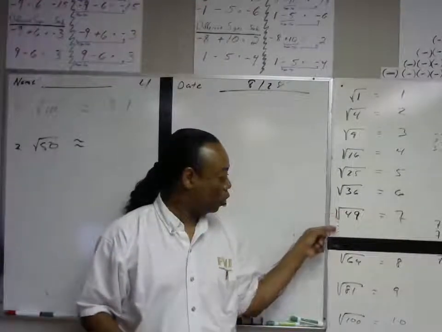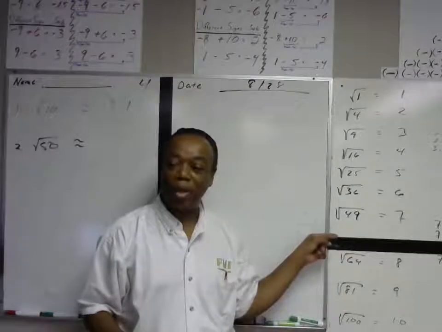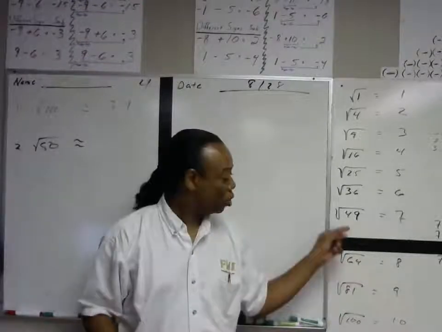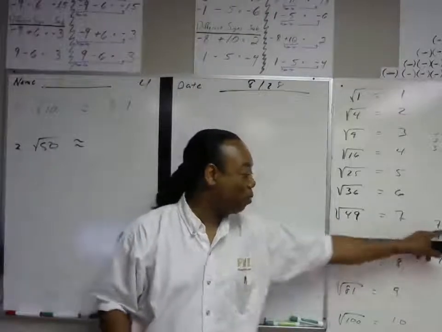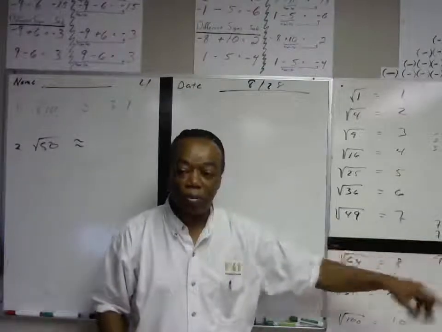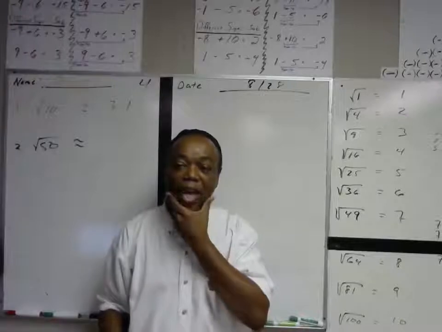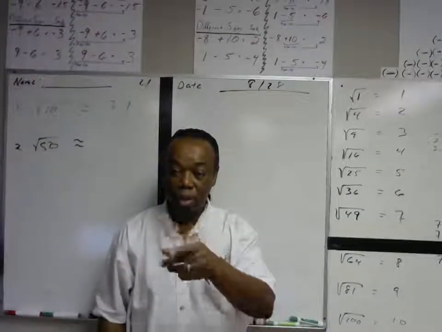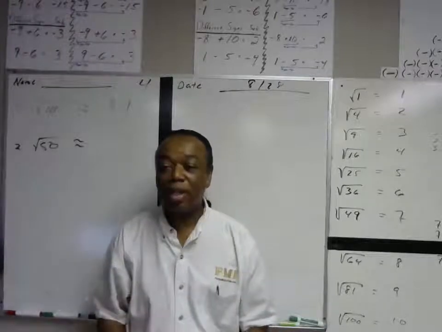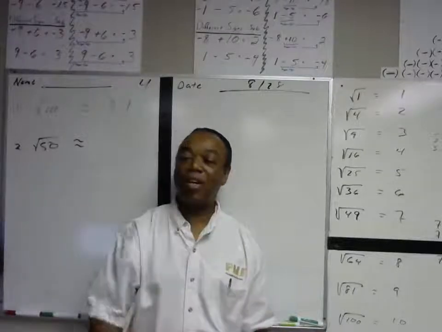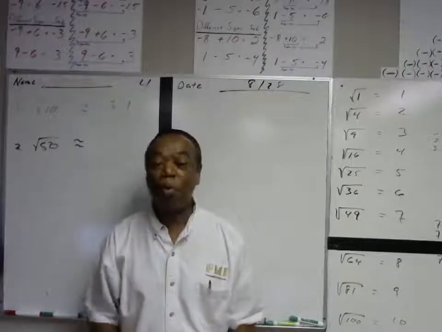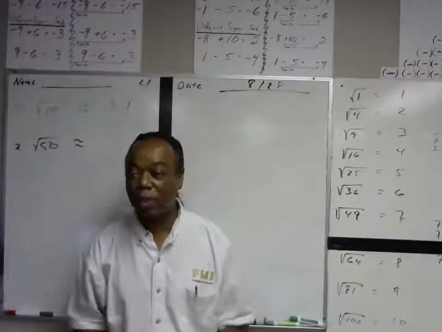Would it be closer to this one or closer to this one or somewhere in the middle? 45. I agree. So since it's closer to 49, the idea is 7.1. Okay. Yeah, 7.1. You would also, okay. Guys, I agree. 7.1 is a better choice out of those three. Good job.